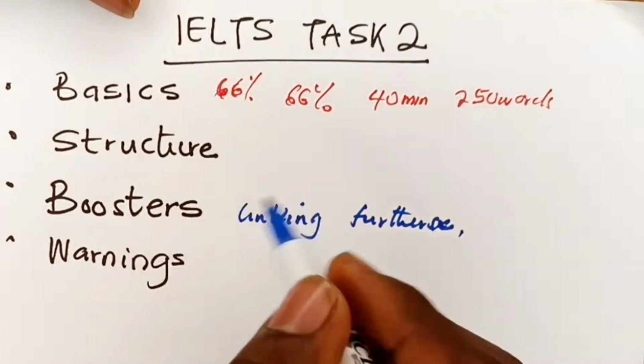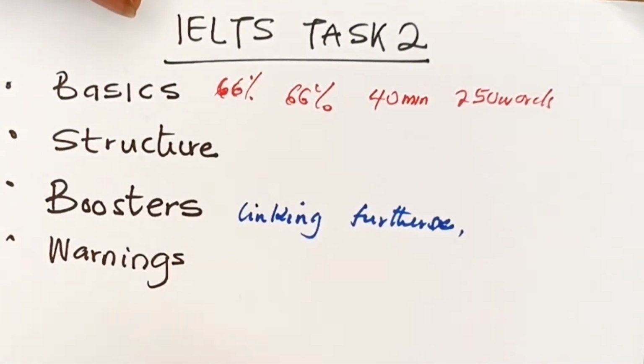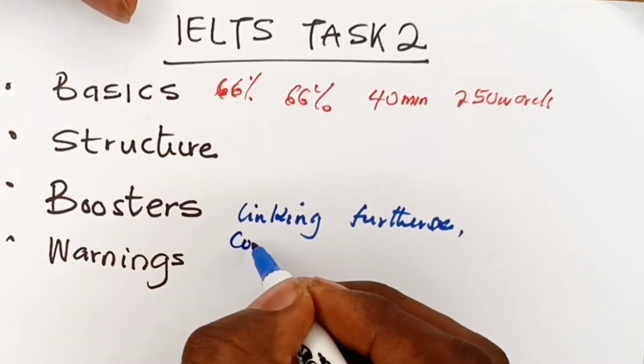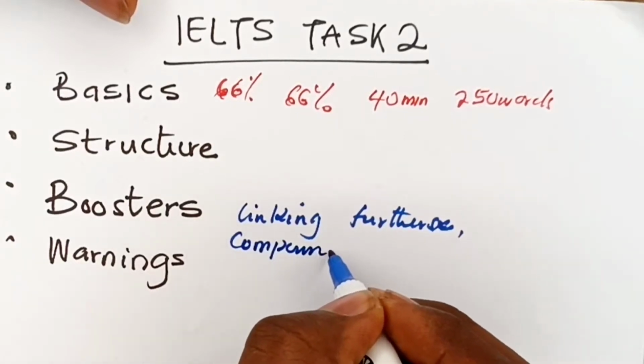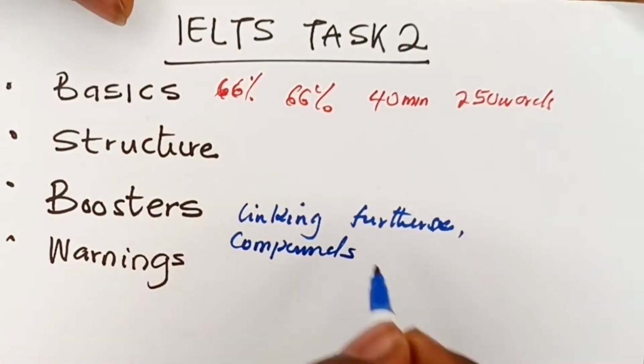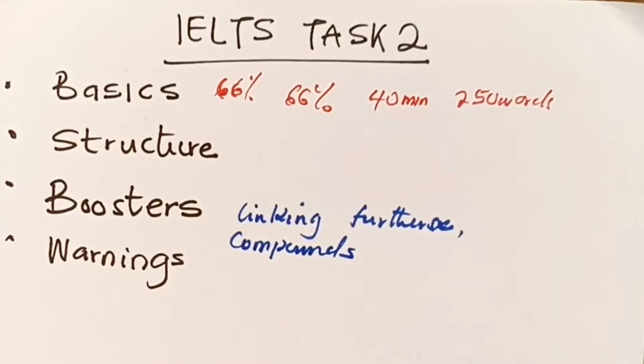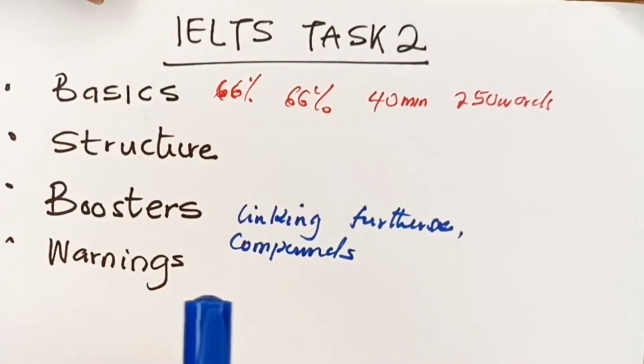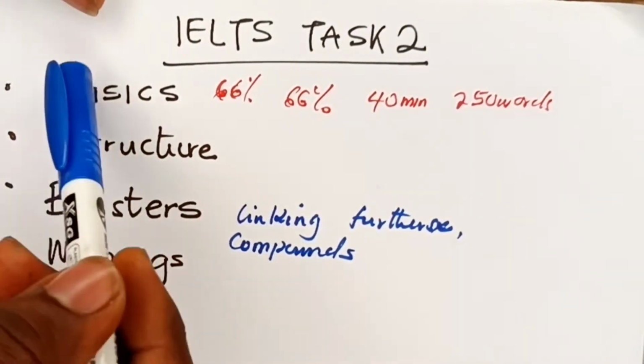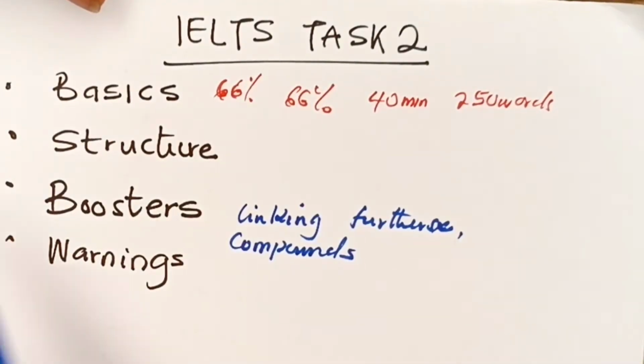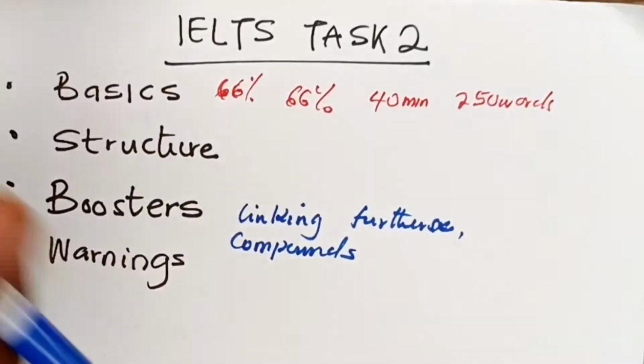Another important type of booster you should pay attention to when it comes to task 2 is compound sentences. So what's a compound sentence? A simple sentence is, I'm writing this, I'm teaching with blue pen, I am also teaching with red pen. Now, a compound sentence is made of two simple sentences.